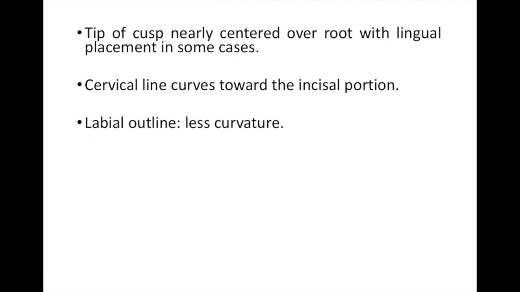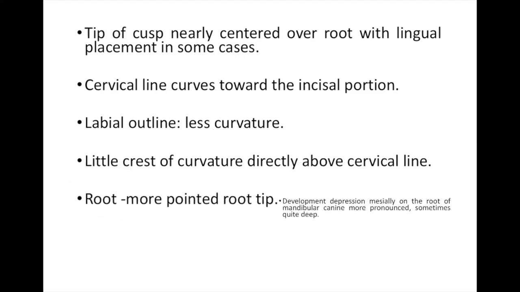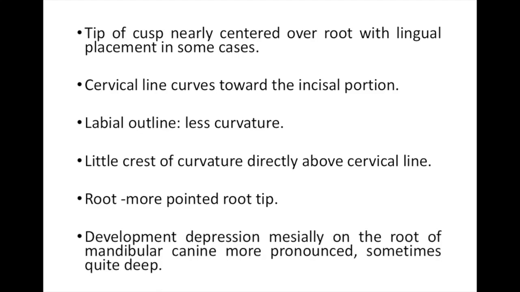Cervical line curves towards the incisal portion, and labial outline has less curvature. Then little crest of curvature directly above the cervical line. Root, more pointed root tip can be seen. And there are developmental depressions mesially on the root, which are more pronounced and sometimes quite deep.